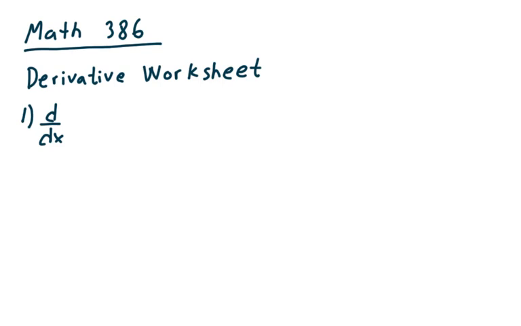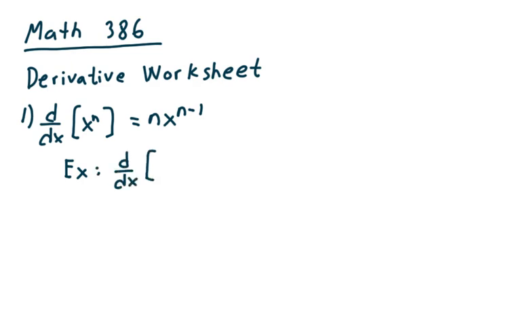Suppose we want to find the derivative of x to the n with respect to x. This is power rule. So this is nx raised to the n minus 1. For example, suppose I want to take the derivative of x to the 5th.